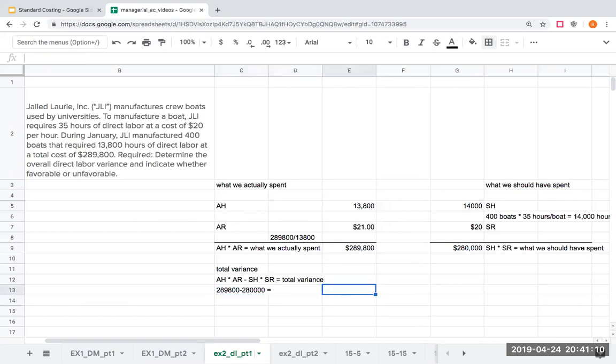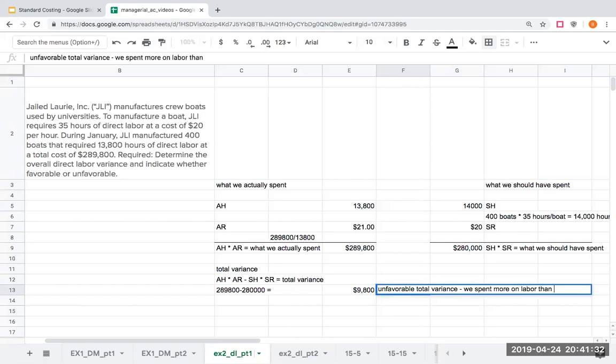That variance is $9,800, and this is an unfavorable total variance. We spent more on labor than we should have.